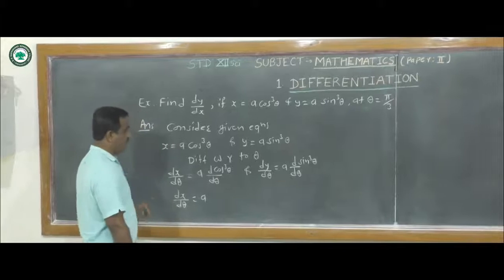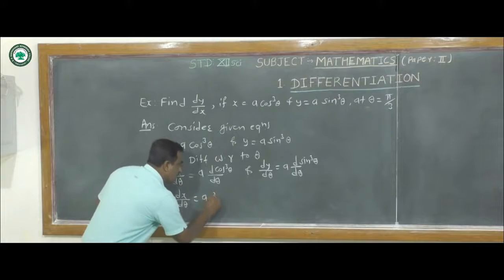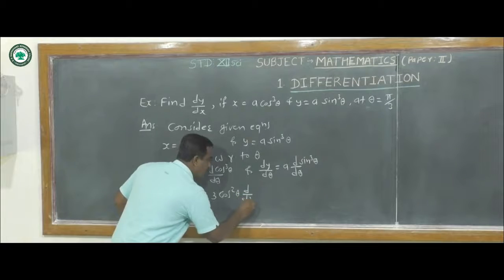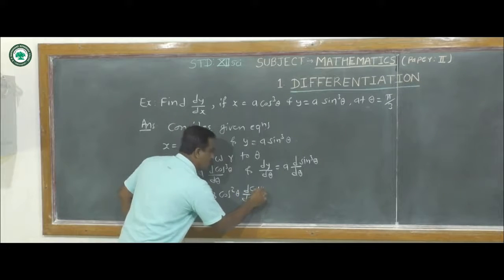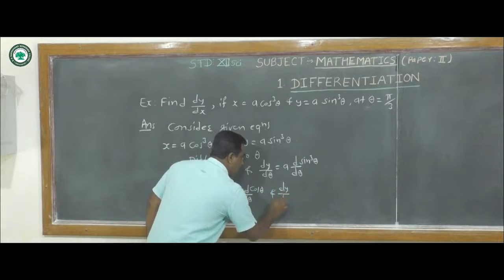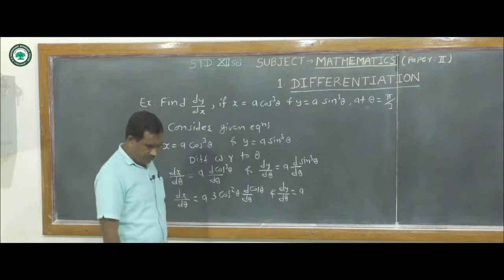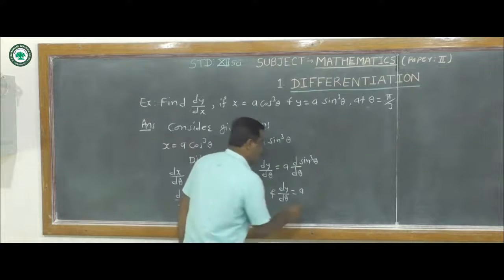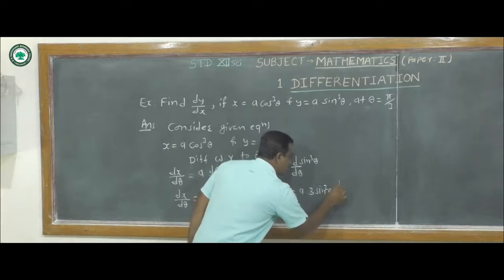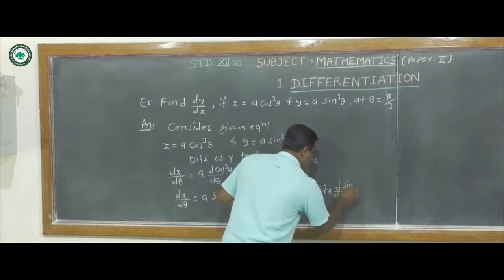Using this formula, we can write the derivative of cos theta bracket cube is 3 into cos square theta into d by d theta of cos theta, and dy upon d theta is equal to a into, here also we use the same formula, the derivative of f of x raised to n. Using the formula we can write here 3 into sin square theta into d by d theta of sin theta.